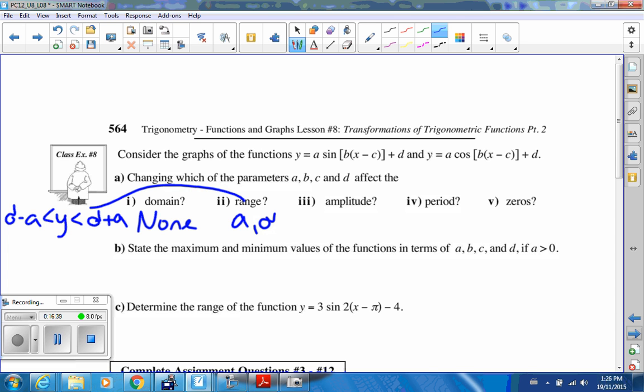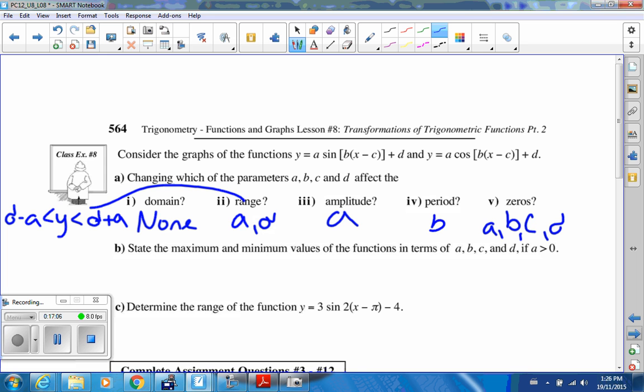So you take your midline, your d value, and either add or subtract a from it, and that gives you your range. Your amplitude is just a, your period is affected by the b. It's not equal to b, but it's affected by the b. And then your zeros are affected by your b, c, but also a and d, because if we move it up or down, it'll change the zeros. Even change whether there are zeros or not.